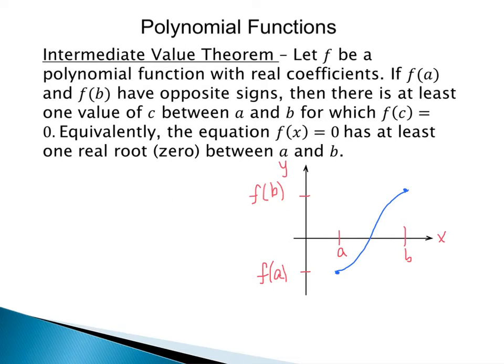Since there are different signs, our c would have to be where the graph crosses the x-axis, which means there is some value c that is a real root or a real 0 between a and b.